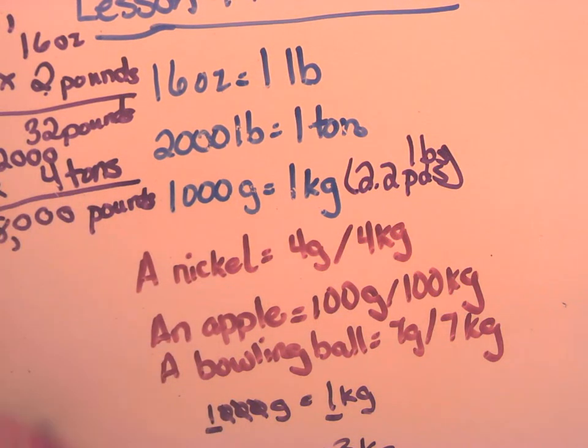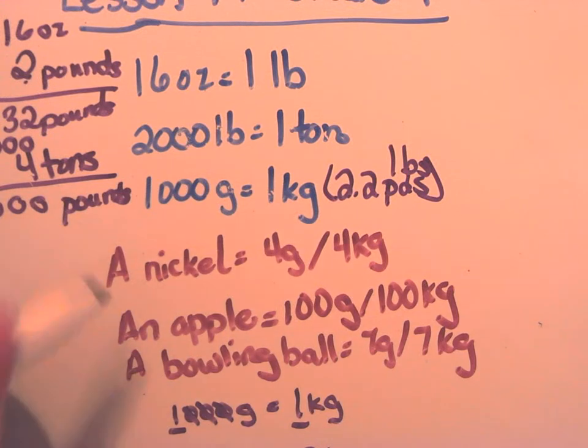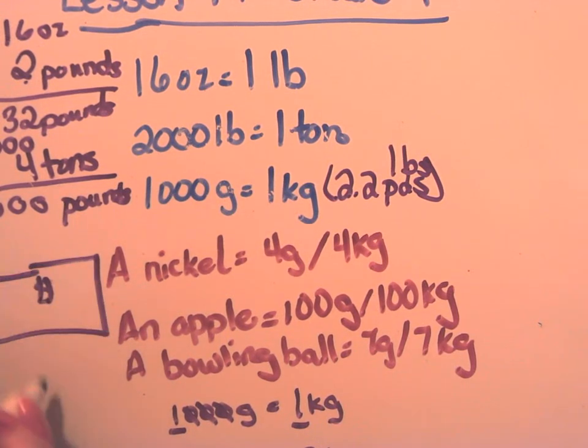The other thing they want you to do today is to come up with what an item would be as far as in kilograms or grams. One thing you can remember is that a dollar bill is like a gram. So if you have that dollar bill, that's like a gram. Hopefully that might give you an idea. It's not very heavy.